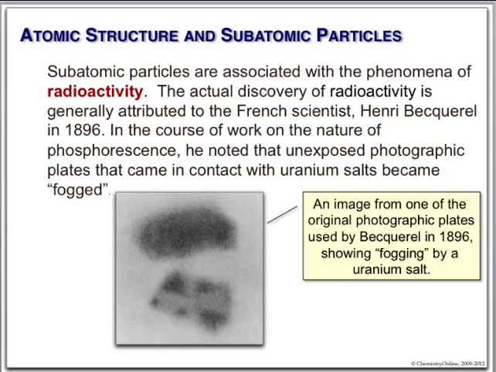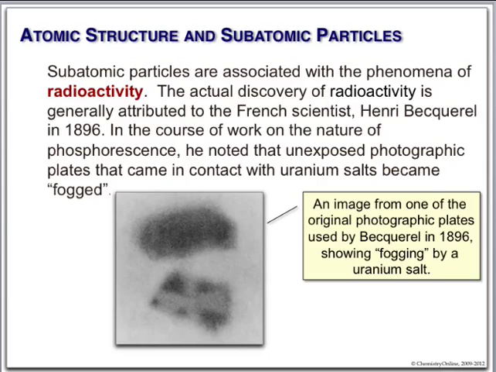This is a very classic image. Back in 1896, you couldn't just go out and buy photographic plates. You had to make them, and it was a real pain. These French scientists were working on phosphorescence, I believe, and so they used photographic plates.